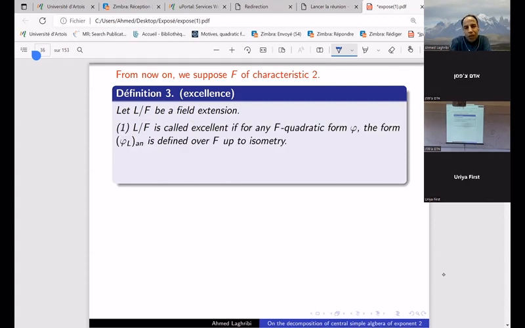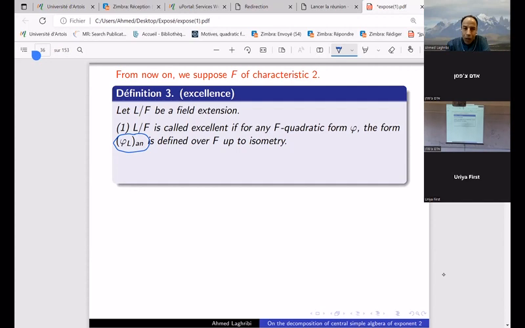We say that L/F is excellent if for any quadratic form phi over F, we extend it to L, we take the anisotropic part, and this anisotropic part, which is an L-form, should be defined over F up to isometry, which means that you find some psi over F such that psi over L is isometric to this form. Okay. This is the notion of excellence.